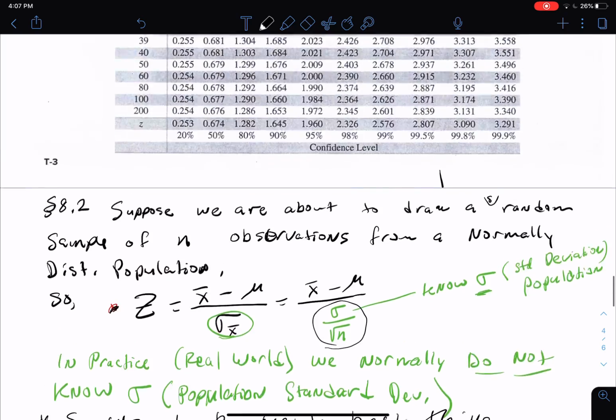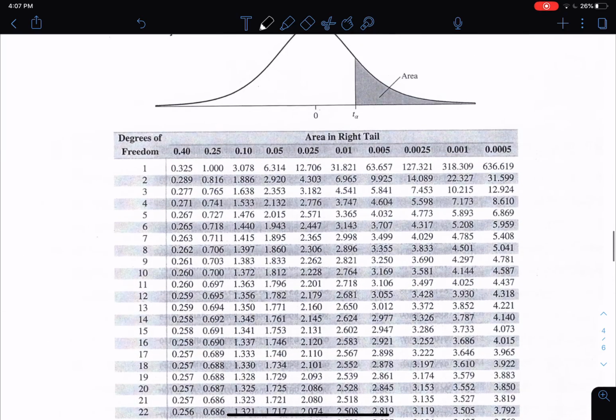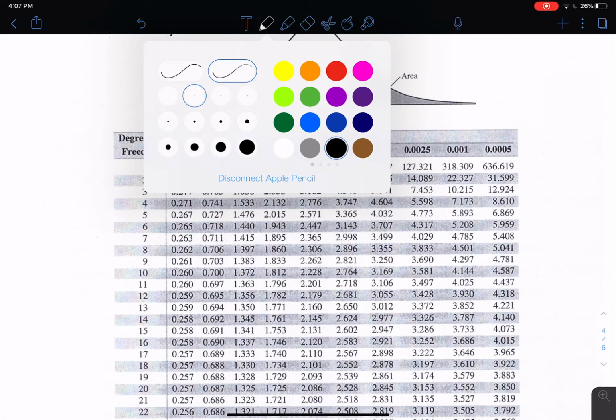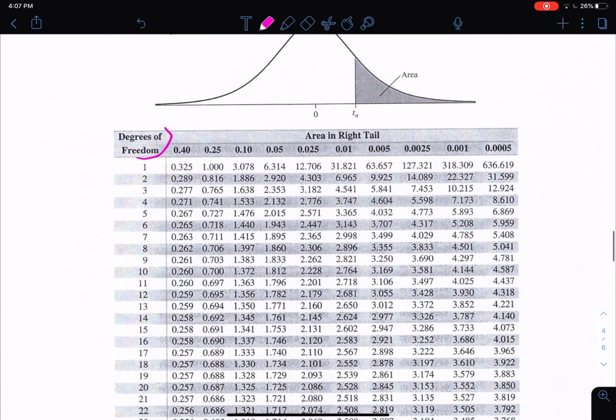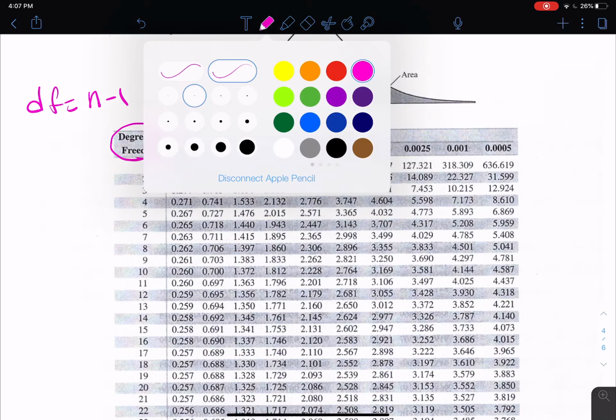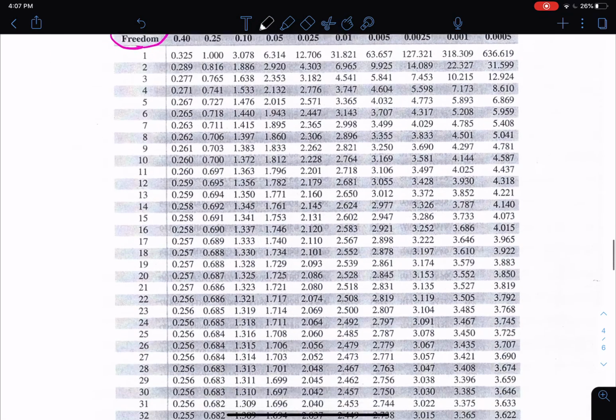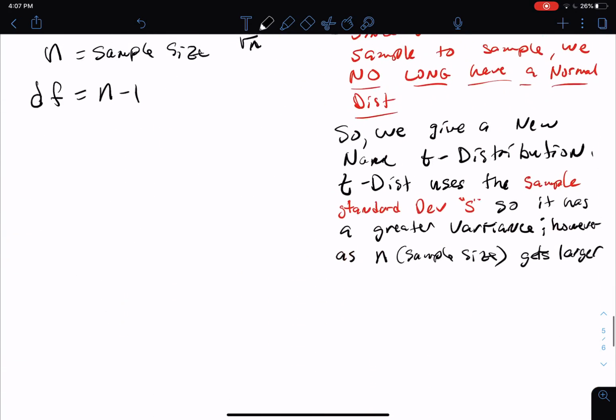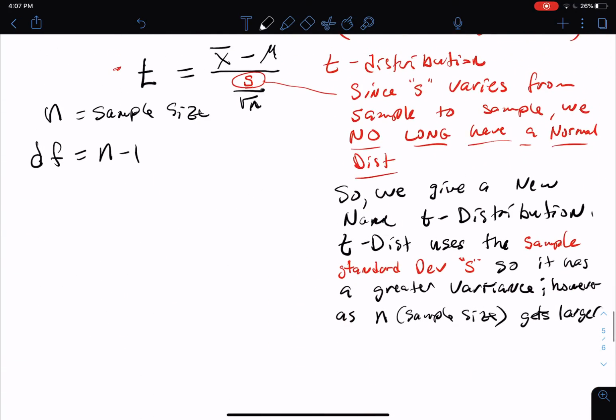In fact, maybe I'll show that to you right now really quick. These are the degrees of freedom right over here. Degrees of freedom just is equal to sample size minus 1. That's where that comes from. Okay, so we come back down here. I've got my degrees of freedom.